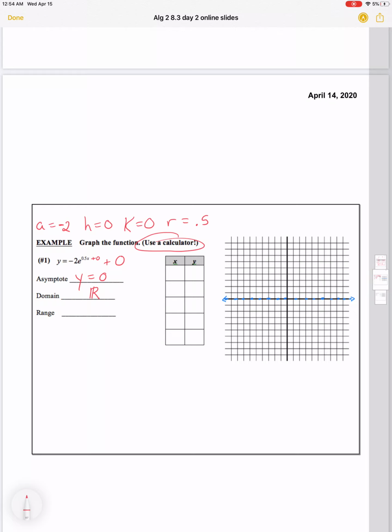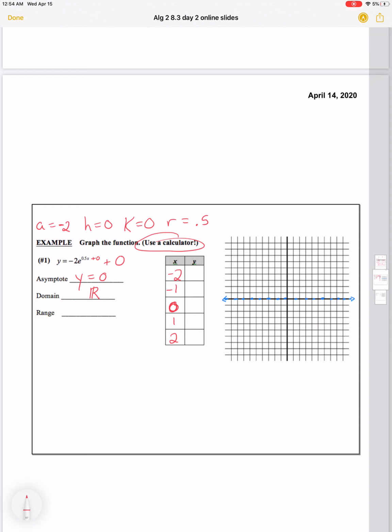So h is 0, which means I'm going to put 0 in the middle of my graph. So if 0 goes in the middle, 1 and 2 go on one side, -1 and -2 will go on the other side. So now is where you take your calculator.